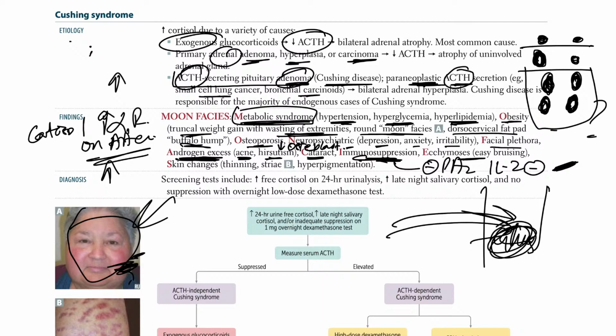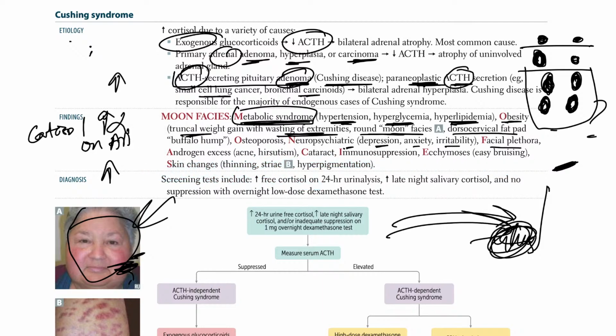And you have skin changes, for example, thinning, stria, hyperpigmentation. And why would you have these stria and skin thinning? Let me just write this down. This is important. Stria, because you have decreased or impaired collagen synthesis.